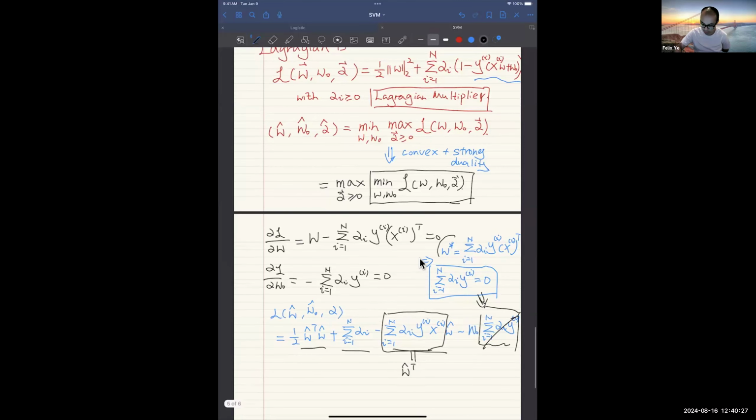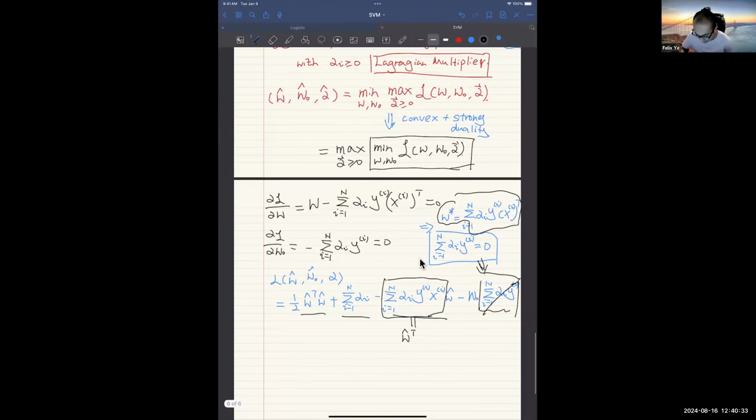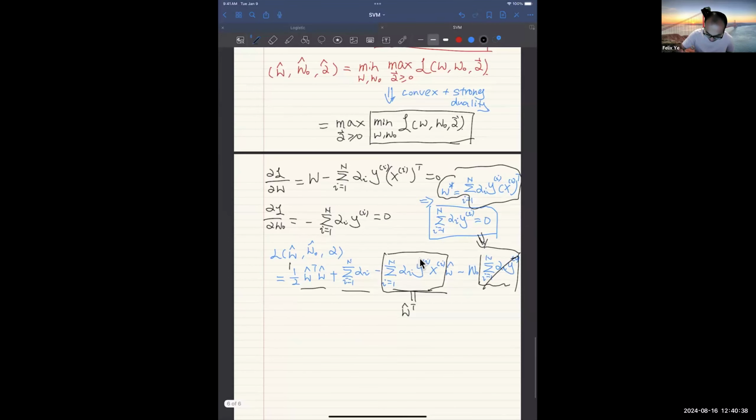Because of my definition right here, I just take the transpose, that will be the same as the thing in the black box. So that means we have plus half of W transpose W hat. Here is minus W hat transpose and the W hat. So this becomes minus 1 over 2 W hat transpose W hat plus summation 1 to the n of alpha i.